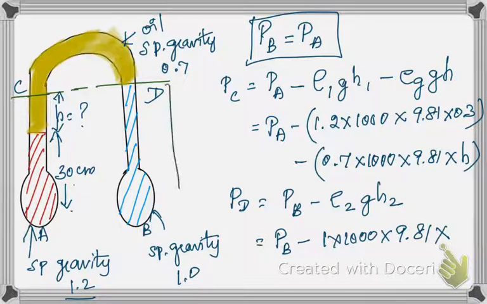You can see here this distance is nothing but H plus 0.3. Now we are going to equate, that is, the pressure in the left limb will be equal to the pressure in the right limb. So I am going to equate it.